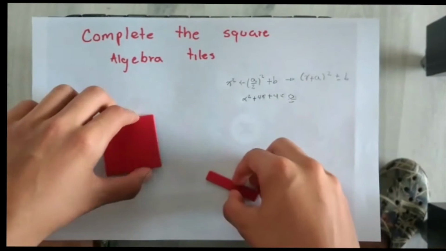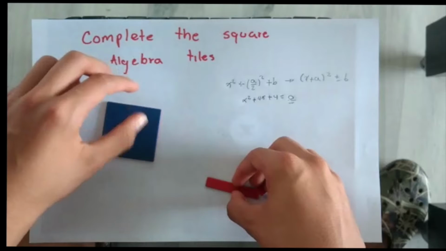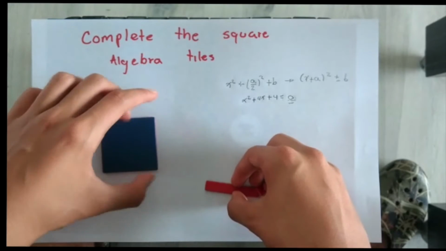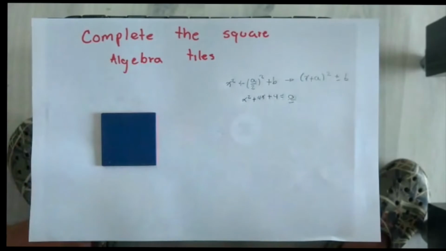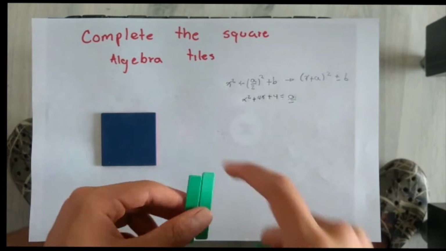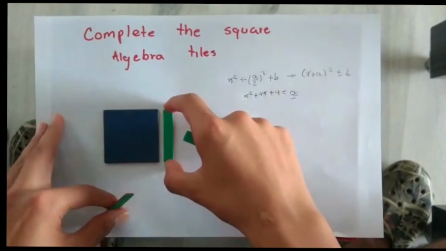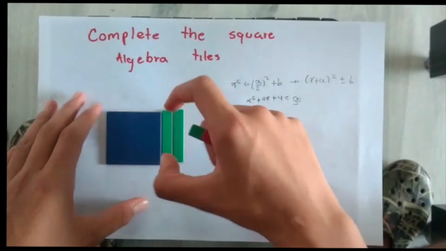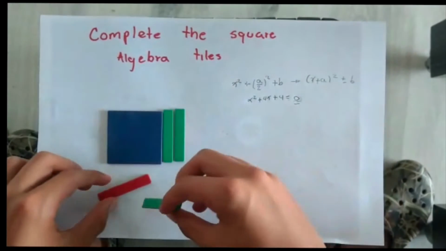So the first step is putting the x squared. We know this value, x to the second power. Then we have 4 positive rectangles. Here we have 1, 2, 1, 2. We can put 1 and 2 here, and we can put the other ones right here.